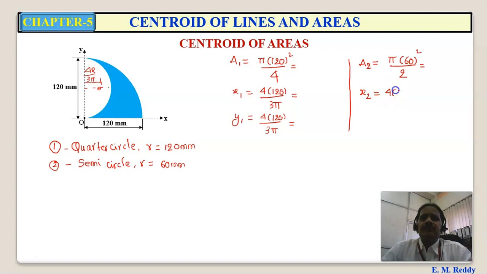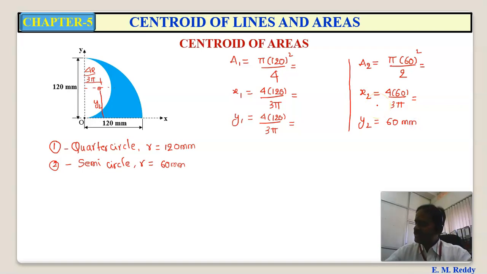So it is 4r by 3 pi. Now what is y2? Distance of centroid of the semicircle from x-axis. So this distance, that is y2, nothing but 60.